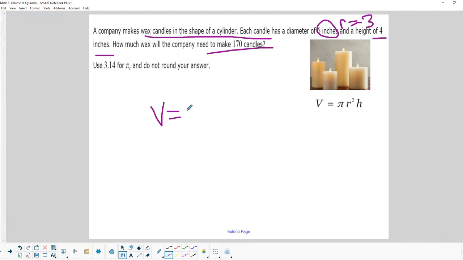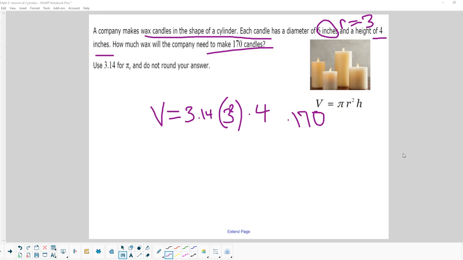Volume equals 3.14 times the radius squared times the height. So when we get that number, we're going to times it by 170 to find out how much it'll take to get 170 candles. So let's grab our calculator and give that a try.